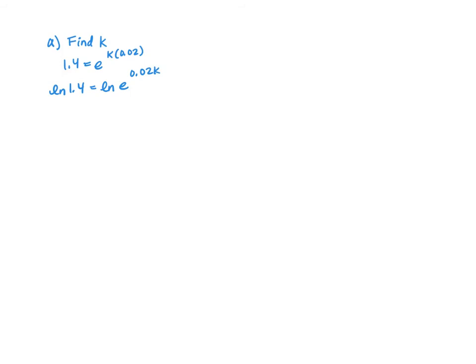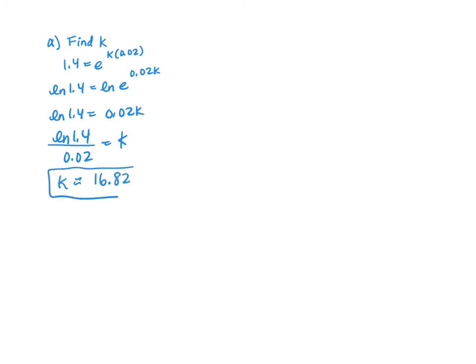Remember, ln e is 1. That 0.02k can go down to the bottom. So ln of 1.4 equals 0.02k, and k would be ln of 1.4 divided by 0.02. If you plug that in your calculator, I believe you get 16.82.